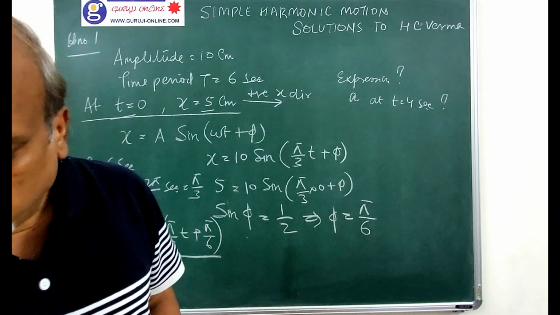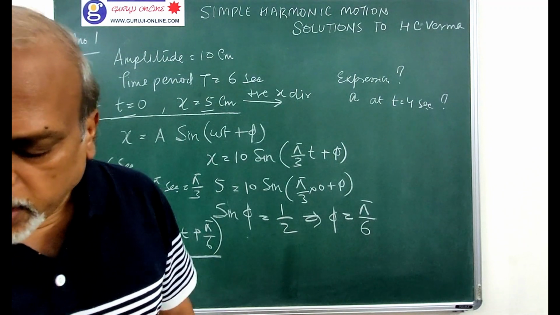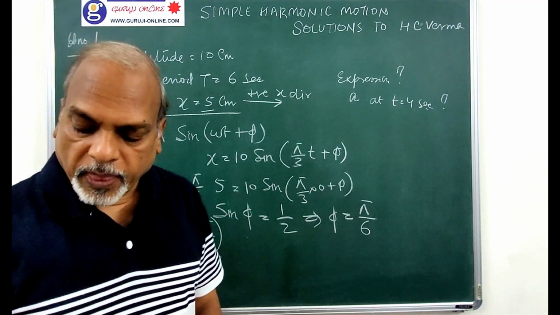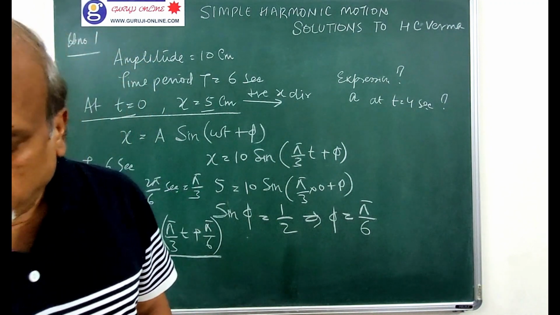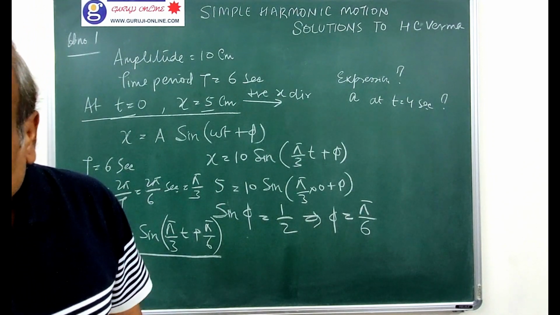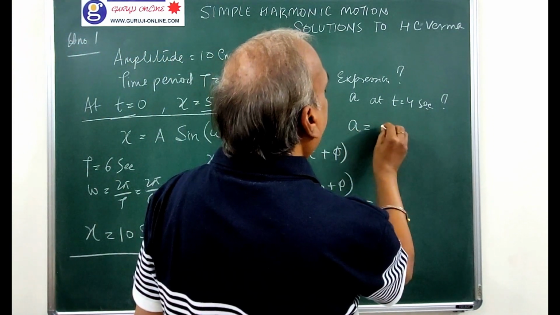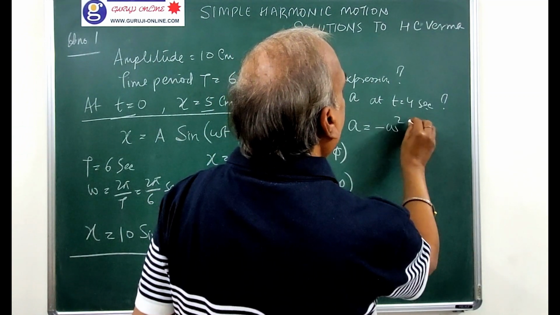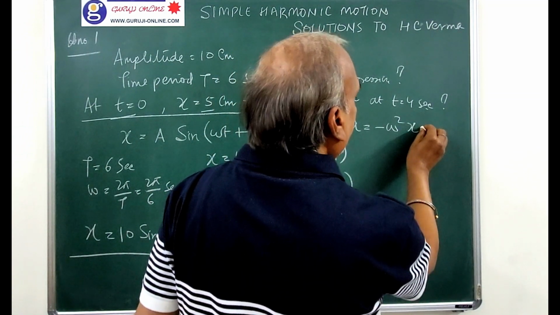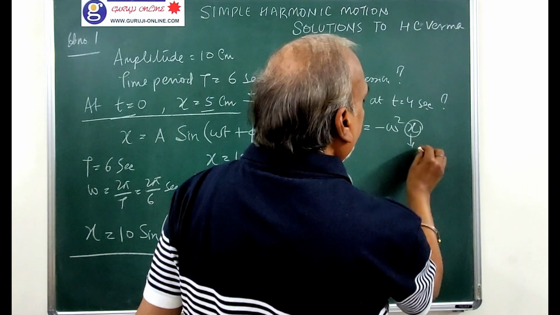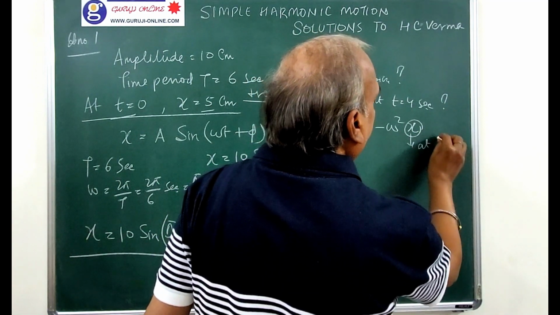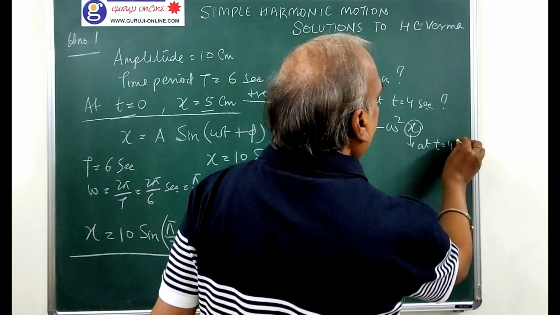So what is basically acceleration? Acceleration is basically a is minus omega square x, but you need to find this x at t is equal to 4 seconds.